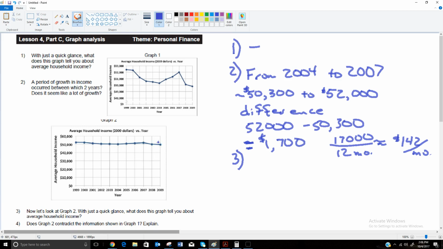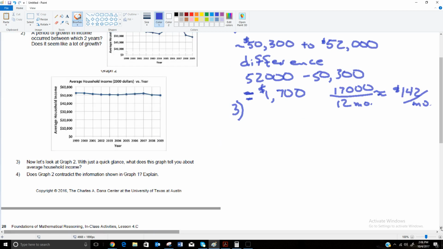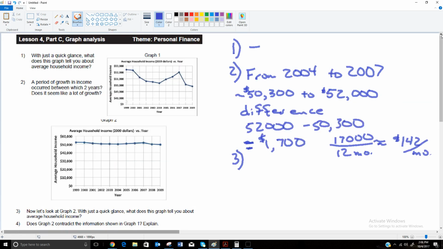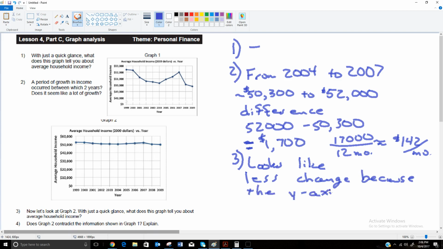Does graph 2, I'm going to scroll this up here. Does graph 2 contradict the information shown in graph 1? Well, I don't know if I would say... and let's write down an answer here. It looks like less change because the y-axis is not split.